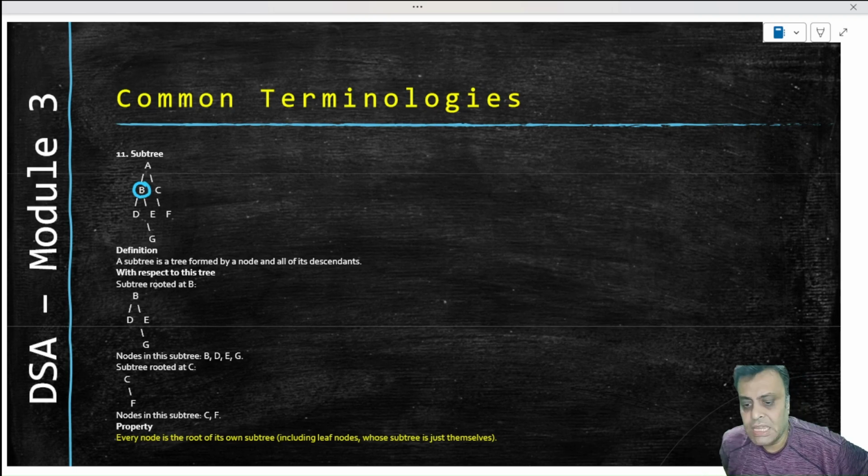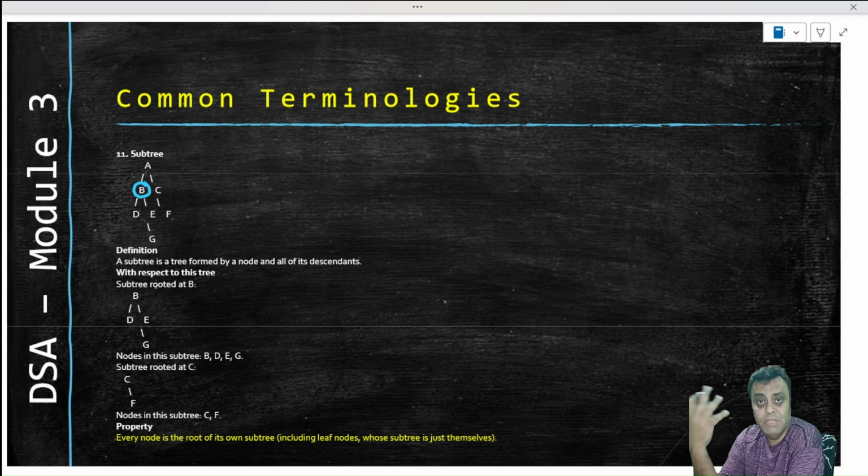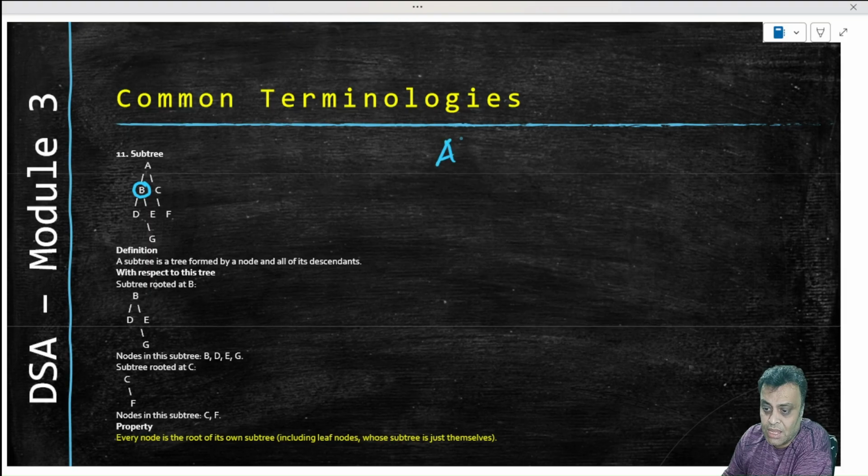If I take B, then the subtree, which is basically a subset of the entire bigger tree, starts from B now instead of A. So I have changed the root. So I am saying A is no more the root, and B now becomes the root.